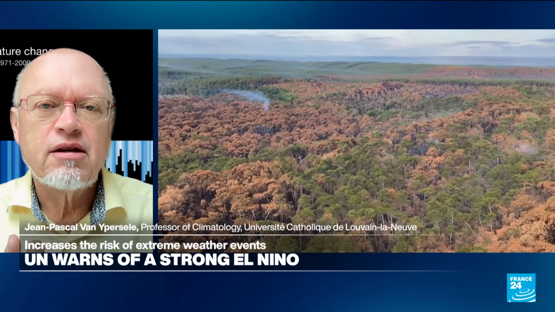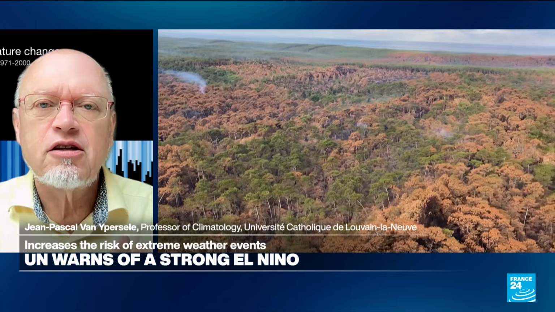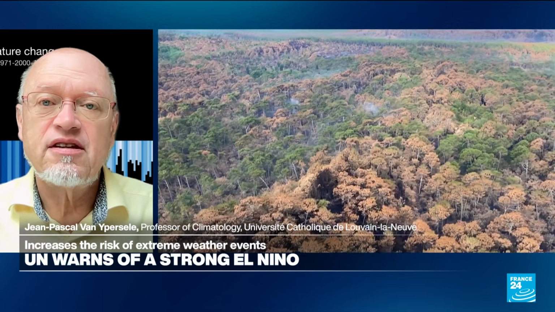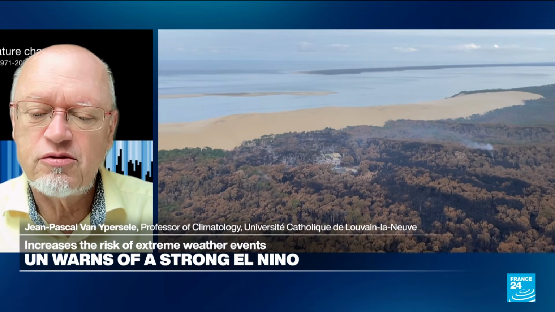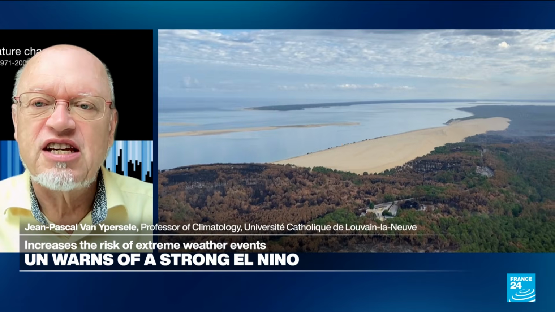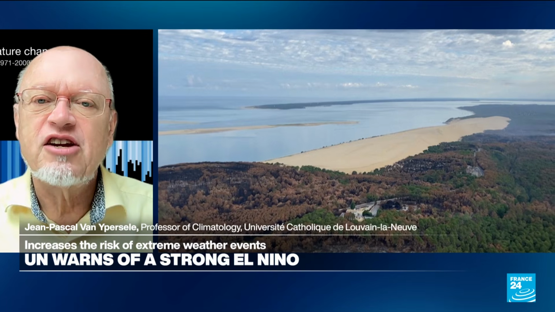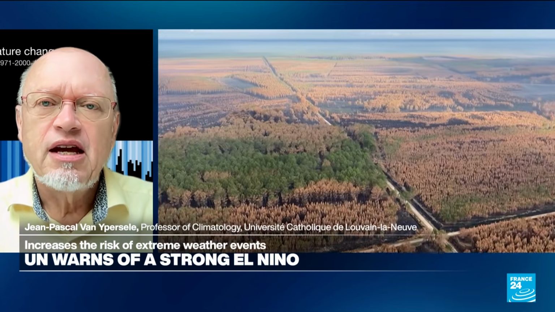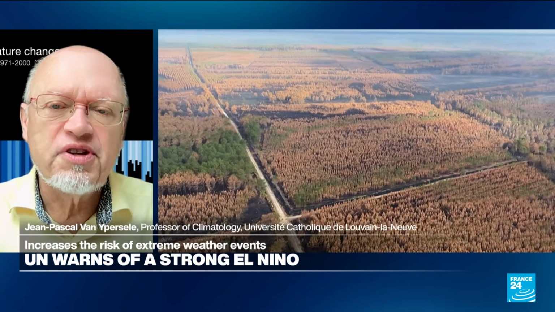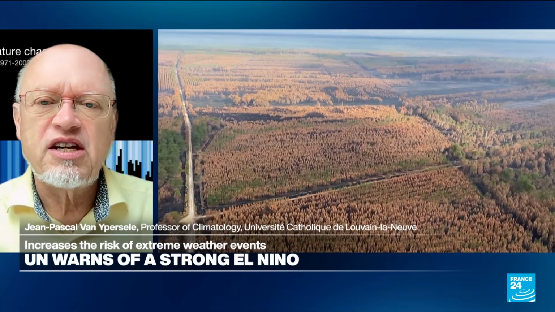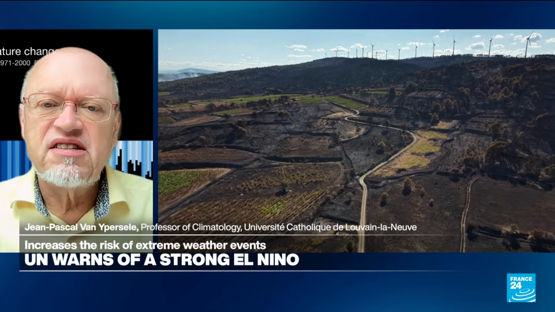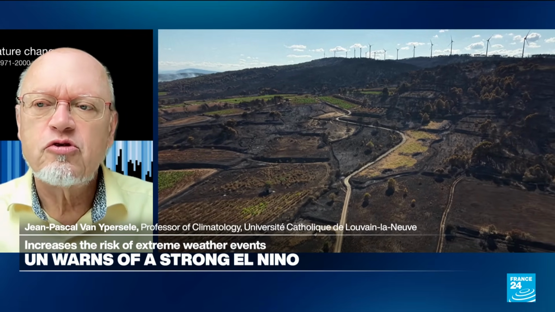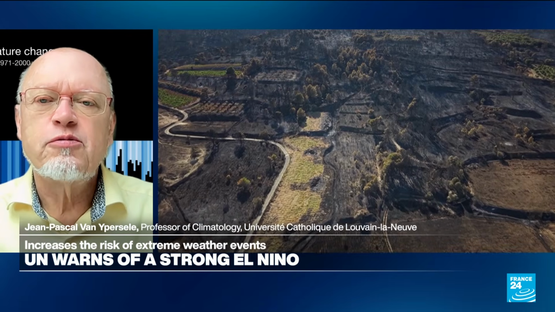So the probability of those extreme events is increasing, and the advice to governments and citizens is to prepare as much as possible, to increase preparedness, to make sure that warning systems and weather forecasting systems are up to date, because it's important for agriculture, for example, to have warning of what might happen.